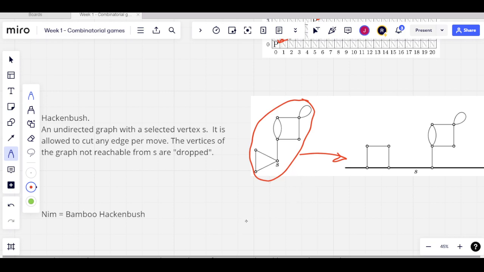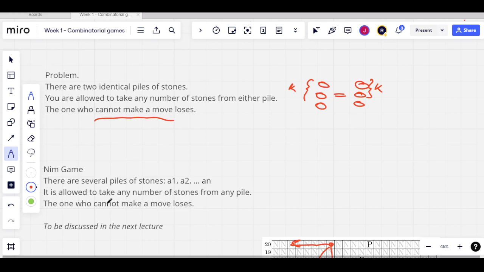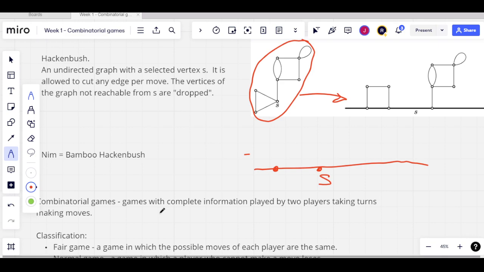And notice that the Nim game that we considered, not this game, is equivalent to Hackenbush: if we have a1 stones, a2 stones, we can represent the Nim game like Hackenbush.